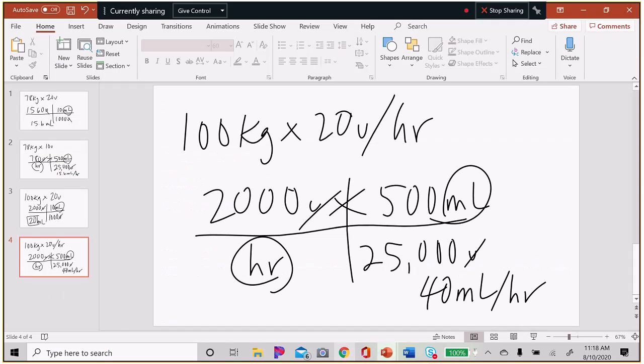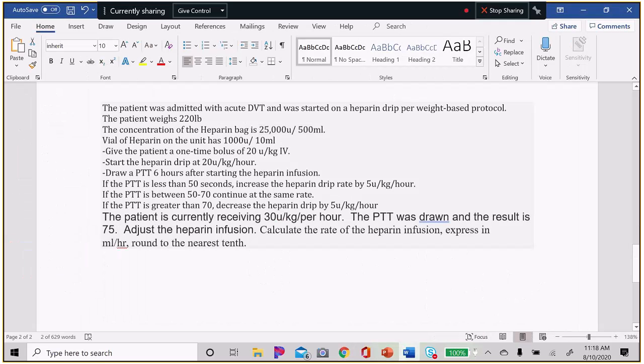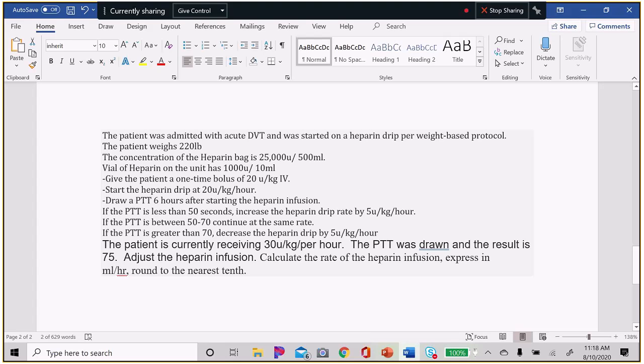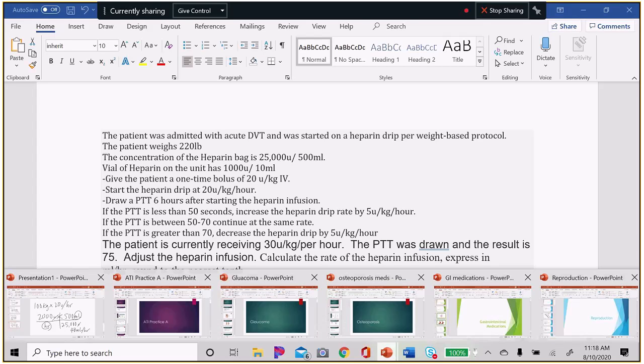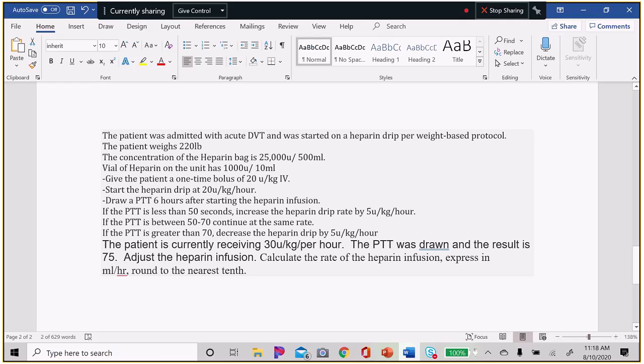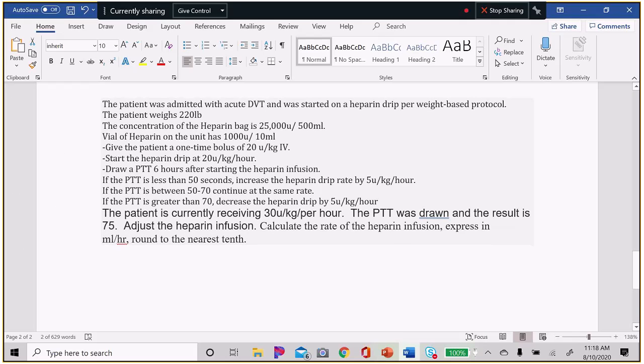So the last question, here we have this patient. They're currently getting the infusion at 30 units per kilogram per hour. So that is their current. Time has passed. And lab has come and drawn the PTT, and the result is 75.